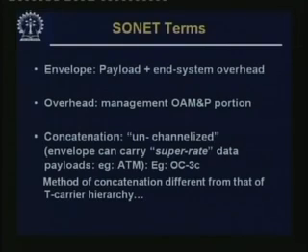So, whatever layer 2 hands over to SONET, that is the payload. The rest of it is a kind of system overhead. So, payload plus some end system overhead also goes into the payload. These two together form what is known as the envelope.